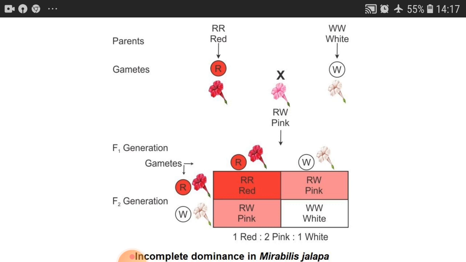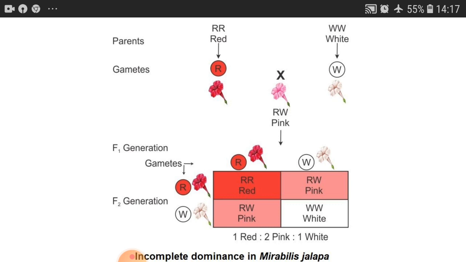So the F1 generation is all pink, neither red nor white. This means both are not completely dominant. Both these colors appear and blend into pink. Now this is a contradiction of Mendel's assumption that no blending of characters takes place.